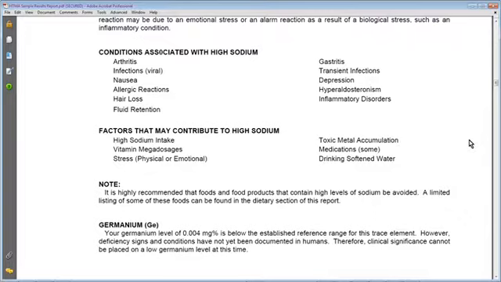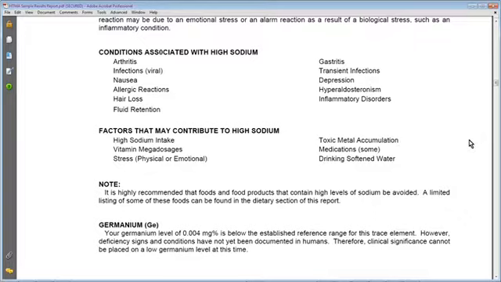Now, I would like to say something here. It has been my experience that the sodium that is dangerous to the cardiovascular system and other systems is the sodium that you find in processed food packages and in salt that has been bleached and processed.